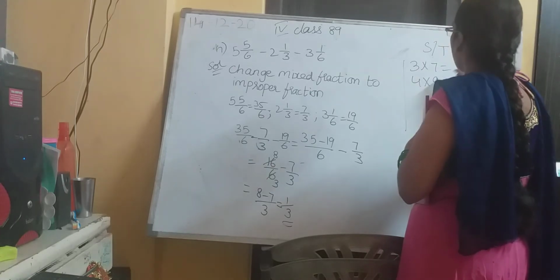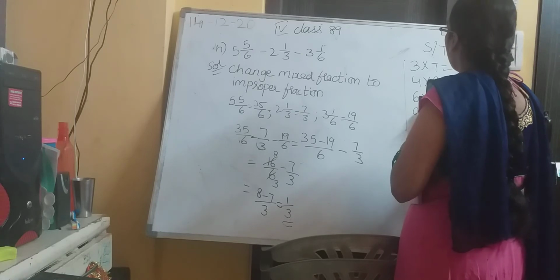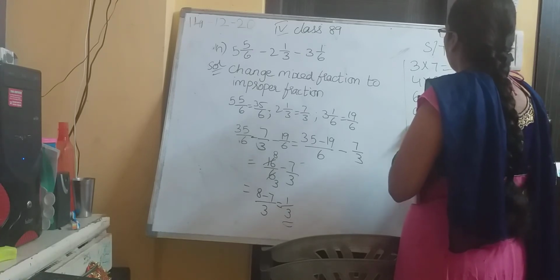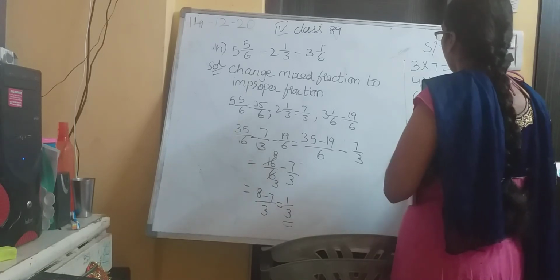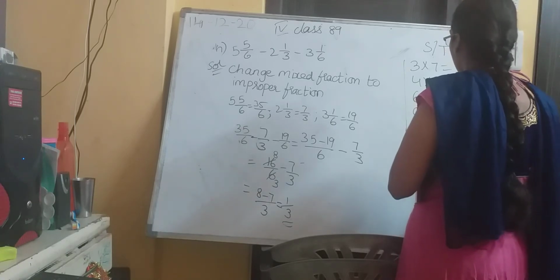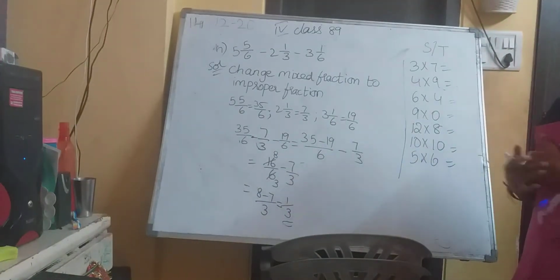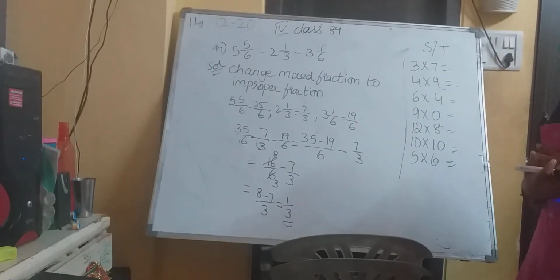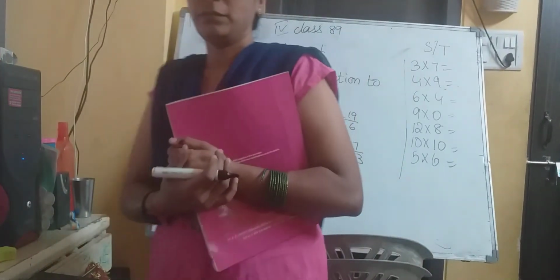Write the answers. 6 into 4. 9 into 0. 12 into 8. 10 into 10. 5 into 6. Yes, come on, write these sums also. You are going to write this in your working column as a slip test. Okay? Learn the tables.